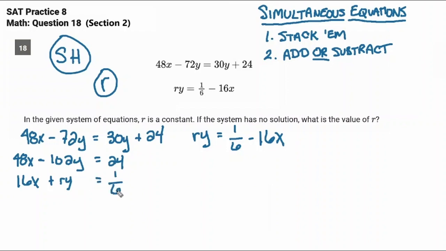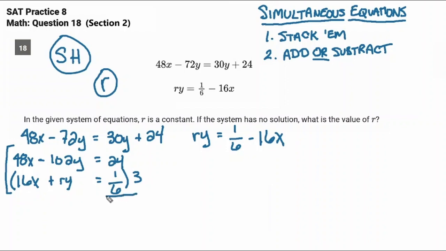And now, I've got 2 equations that are stacked in a way that I can add them or subtract them. But I got a problem. I can't add these or subtract these to do anything useful, because when I add or subtract, I want something to go away. So what I need to do is I need to multiply or divide one of these equations by something that'll get me to a place where I can add or subtract. I'm going to multiply this equation, every term in it, by 3.